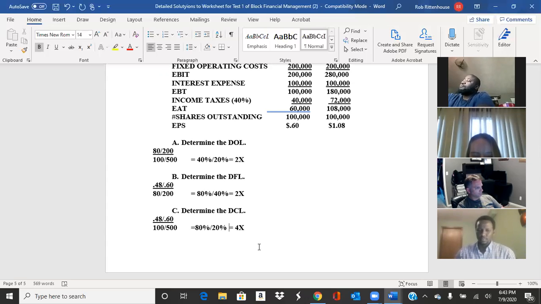But realize if sales go down, for every percent drop you have in sales, you're going to have a 4% drop in earnings per share. So again, having a higher amount of leverage is going to make your earnings less stable and thus less predictable.